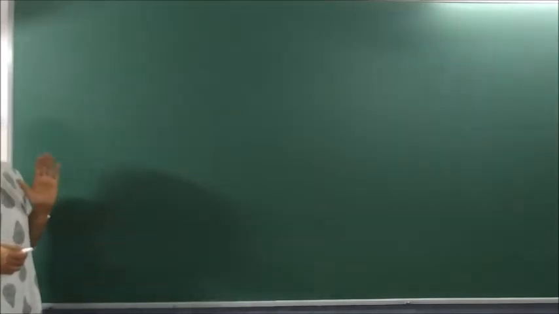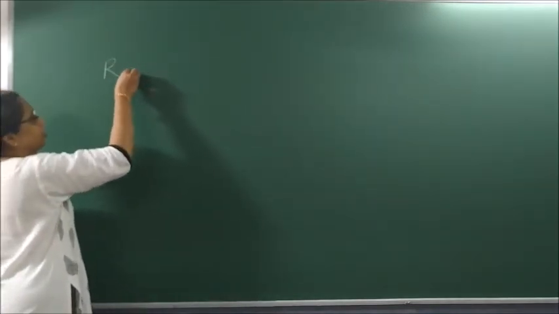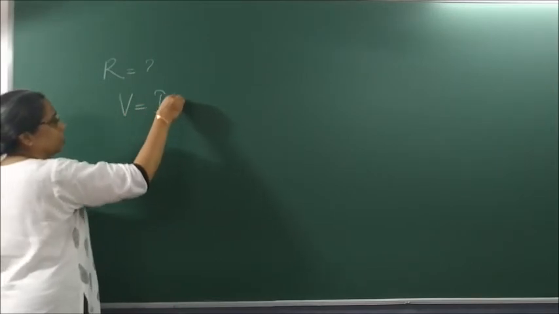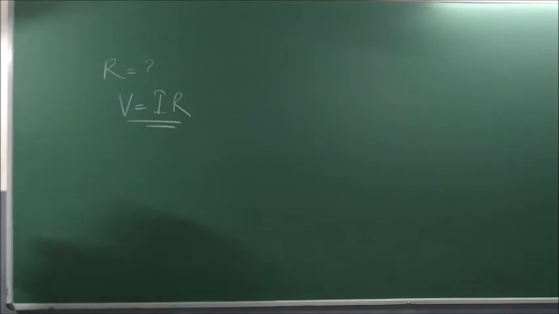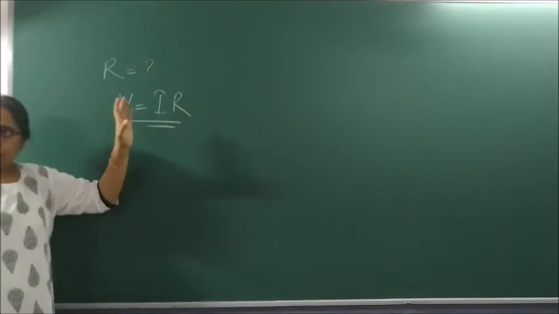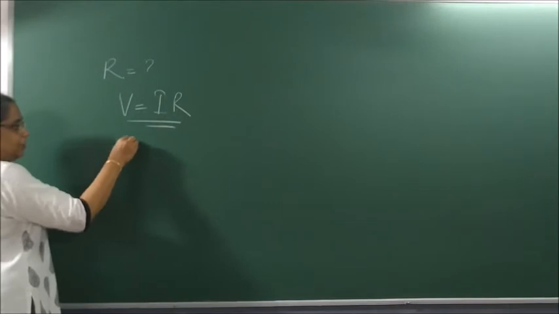First thing we need to know is resistance of the conductor. How do you calculate resistance of a conductor? Use the formula V is equal to IR, where V is potential difference in volts, I is current in amperes, R is resistance in ohms. We also know factors on which resistance of a conductor depends.